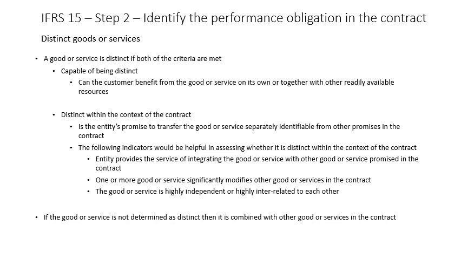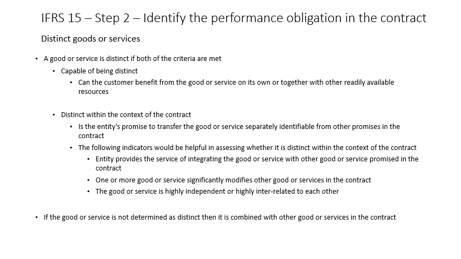In this criterion, the entity needs to determine whether the promise is to transfer each of the goods or services individually, or whether the promise is to transfer a combined item or items to which the promised goods and services are inputs. The following are the indicators to assess whether two or more promises are separately identifiable or not.